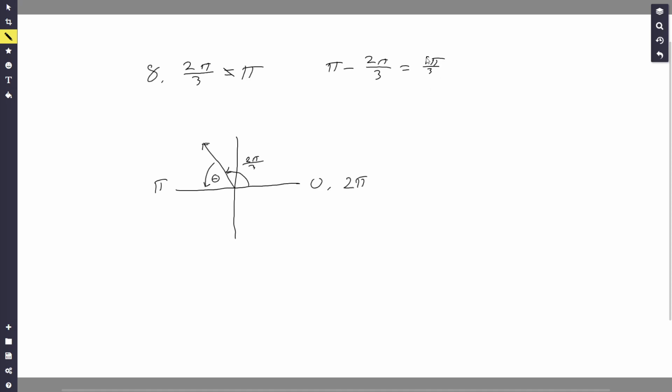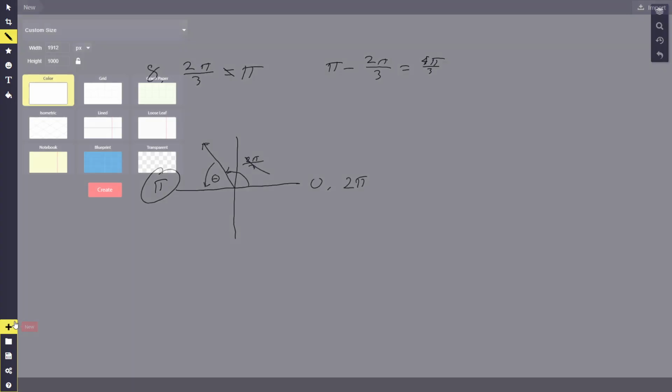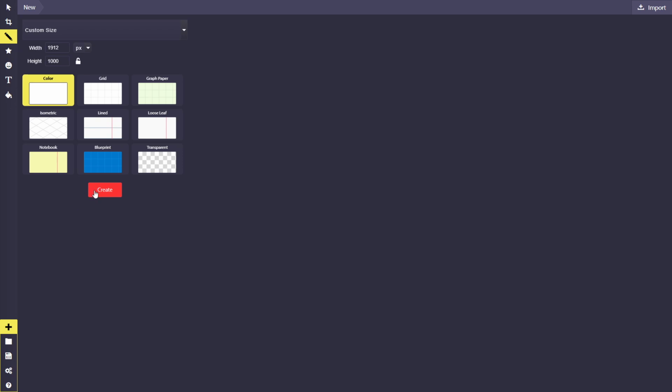Yeah, you'll just get pi over 3, because 2 pi over 3 plus pi over 3 gives you pi, because the 3's cancel out. Making sense so far? I sure hope so. If not, please ask me any more questions that you have.